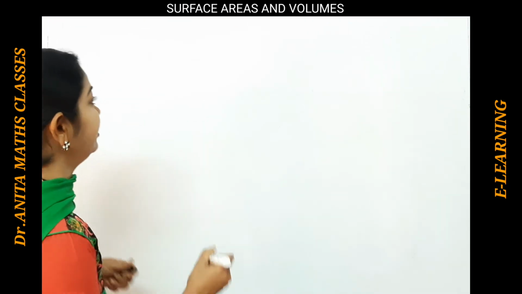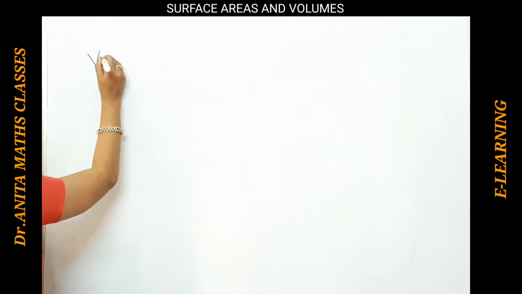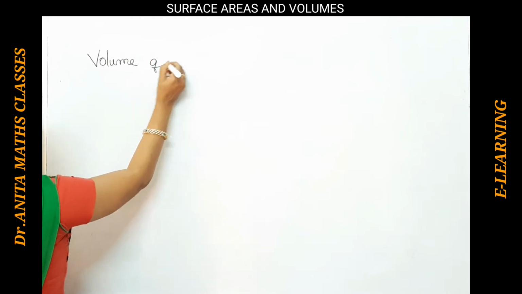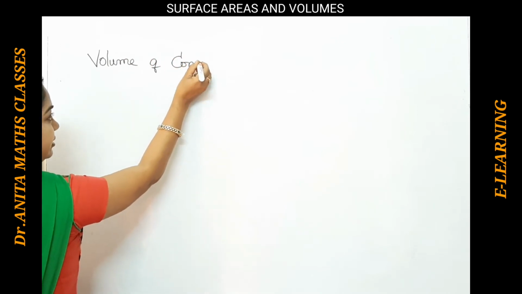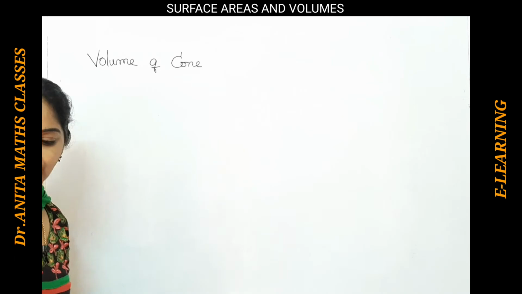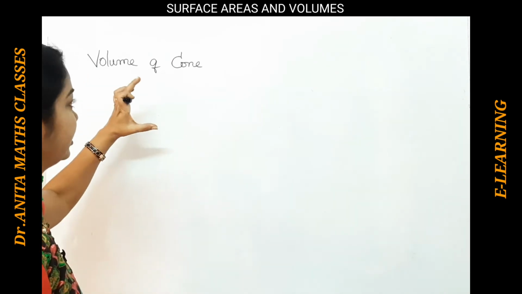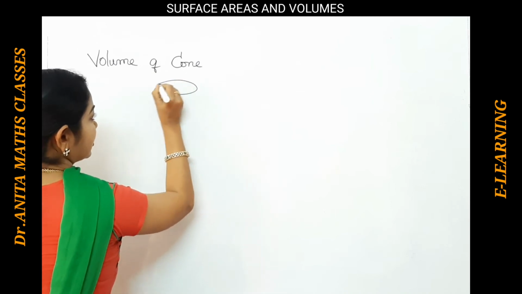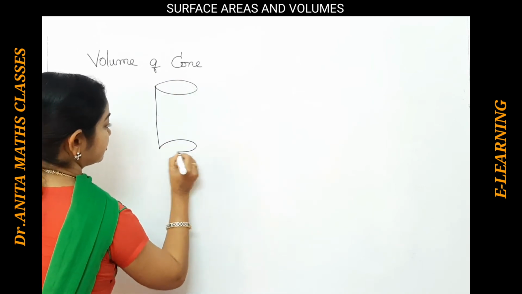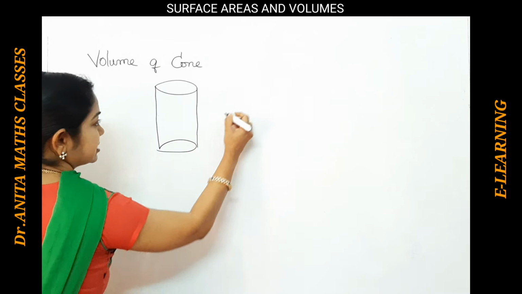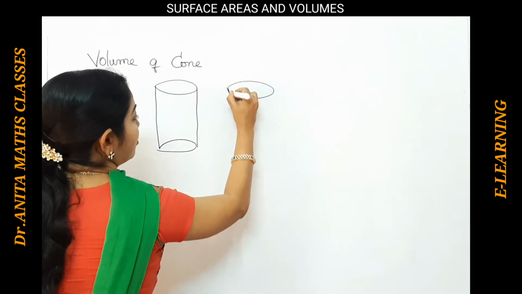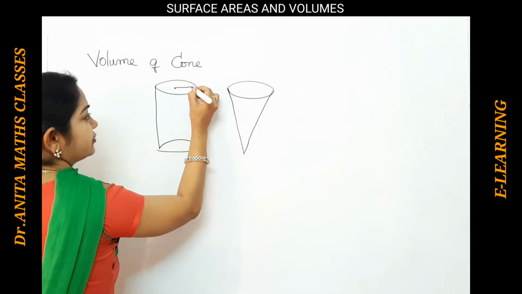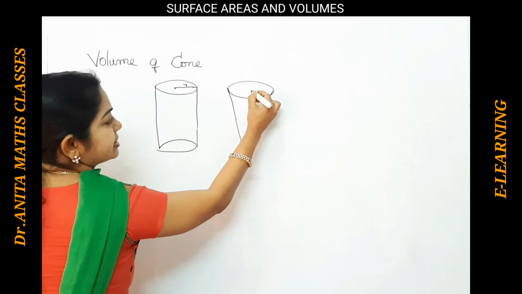So we will find the volume of the cone. As well, we know the volume of the cylinder; we have studied it in the previous sessions. So the volume of the cone is nothing but, if you are taking a cylinder, let me suppose this as a cylinder and a cone of same radius and same height.